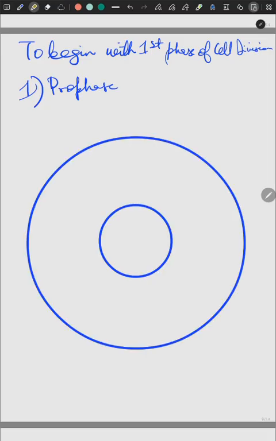So what basically happened here, you can see the chromatin started getting condensed. The chromatin fibers are getting condensed.